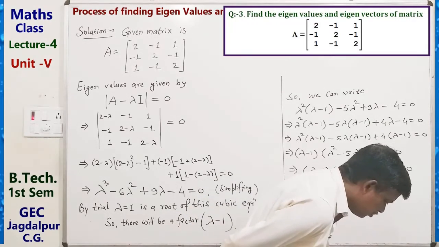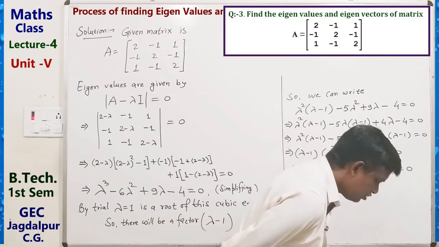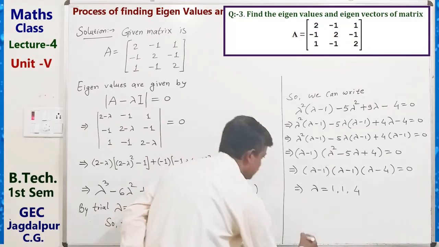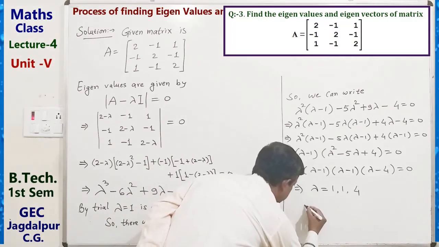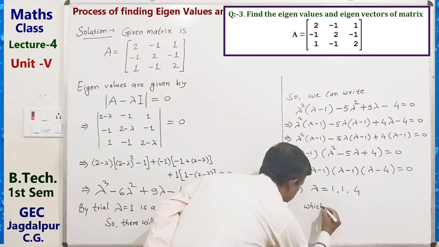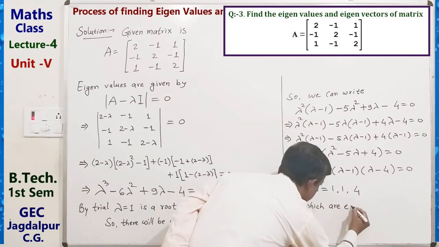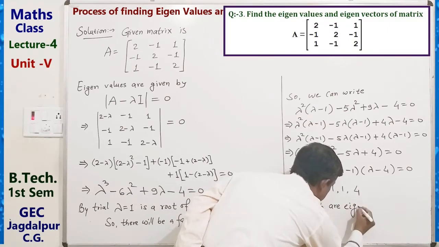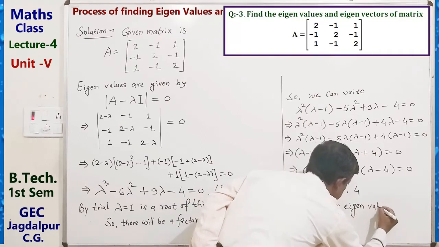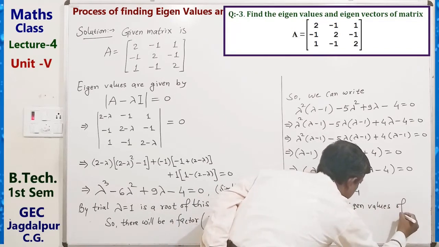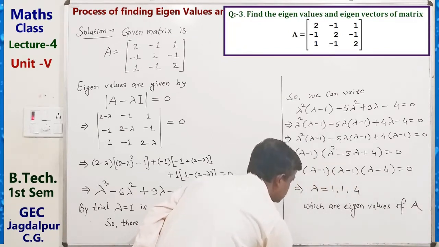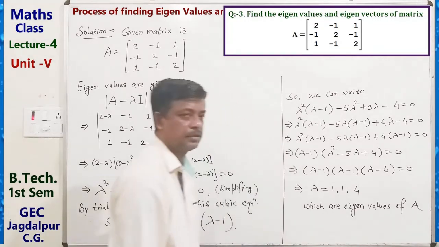Lambda equals to 1, 1, 4. Two equal roots, which are eigenvalues of A. Clear?